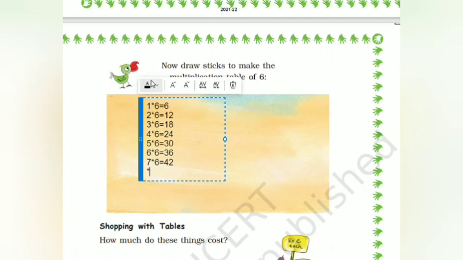Then 8 times 6, that is what we are doing. 6 is being repeatedly added. So here we can write 8 times 6, that is equal to 48.